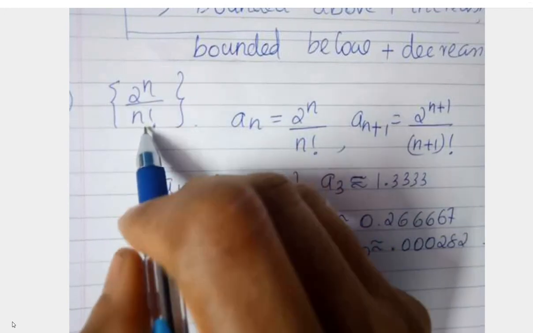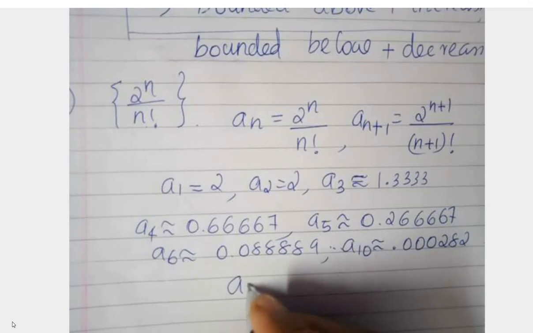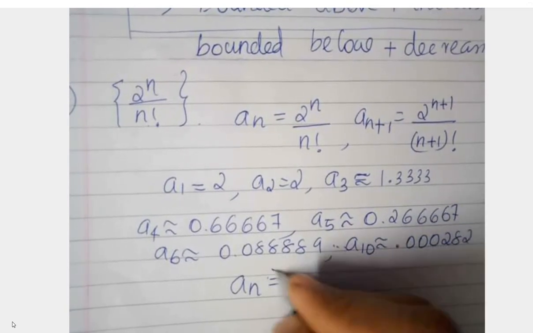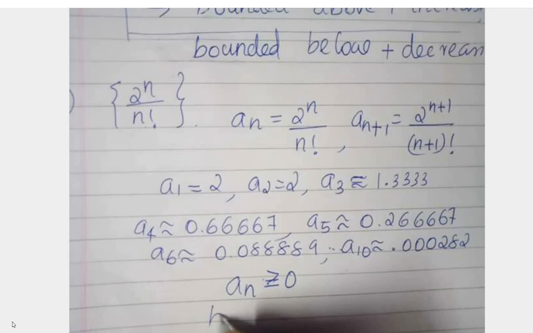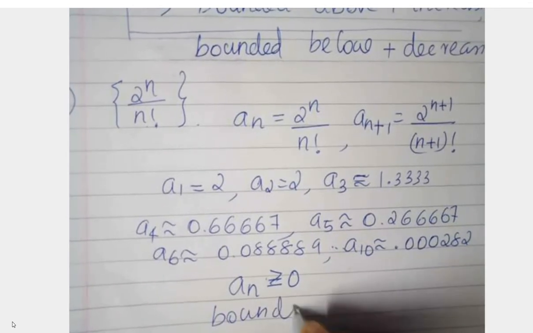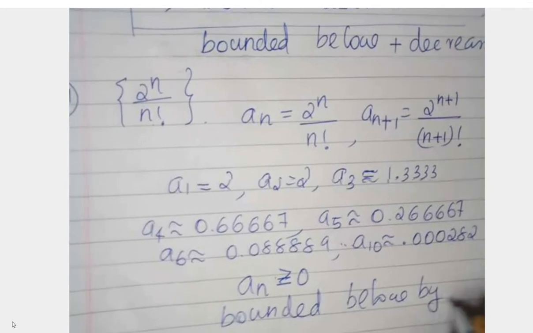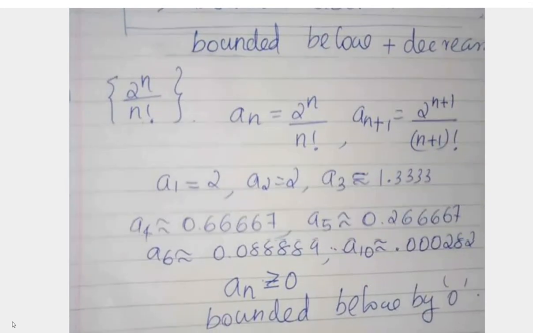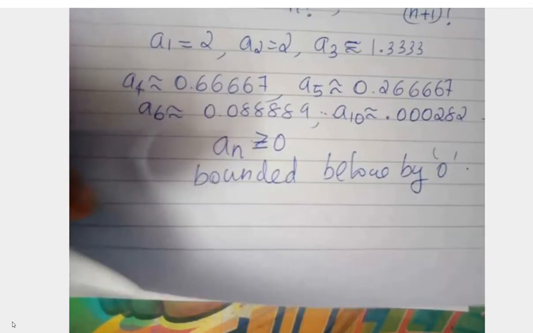So this is always greater than or equal to 0, so the sequence is bounded below by the value 0. And also we have to show whether this is increasing or decreasing.